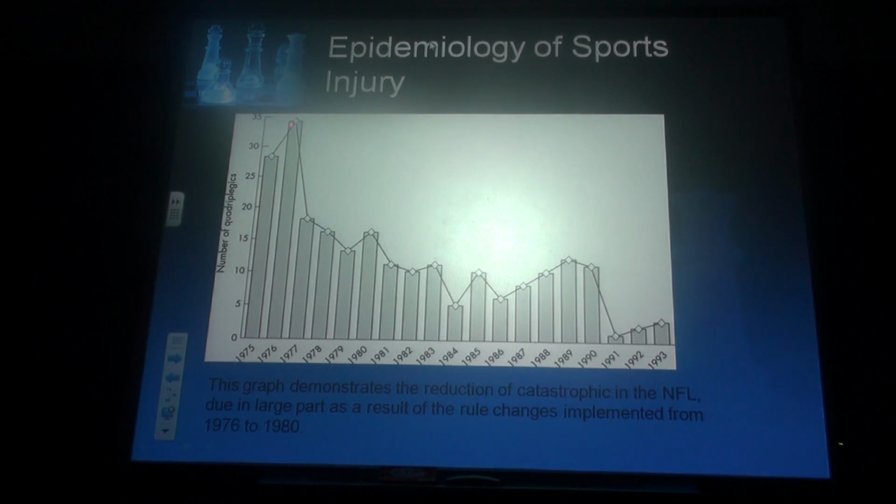In 1976, you see this high spike, but as you see the years dwindle on, they kind of go down, spike back up in 1980, but they gradually dwindle down to where in 91, 92, 93, you're not having near as many quadriplegic injuries at this time due to rule changes and equipment modifications and standards. This is a good thing.